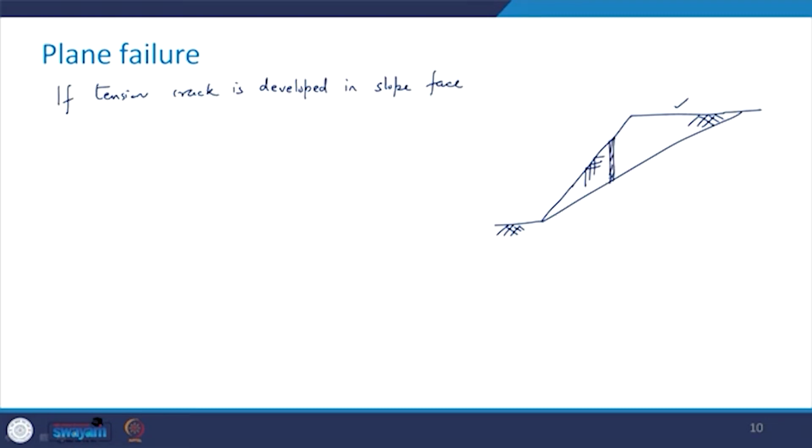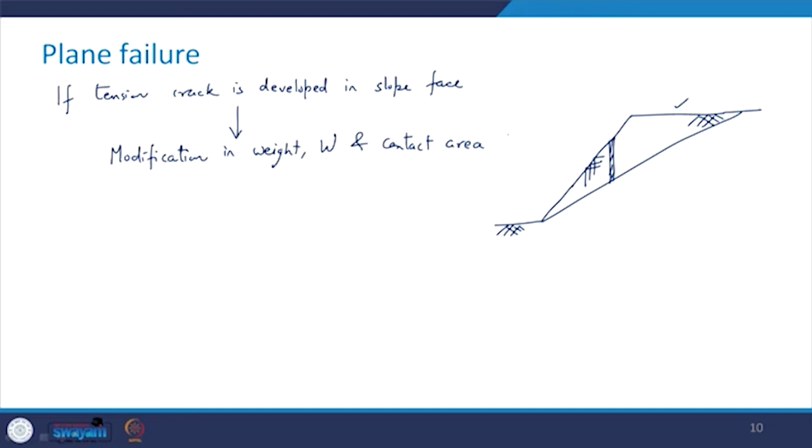Then what will happen? Because of this, the procedure of derivation of these expressions is going to be the same, except for the fact that there is going to be a modification in this weight W and the expression for the contact area. The procedure is going to be the same.